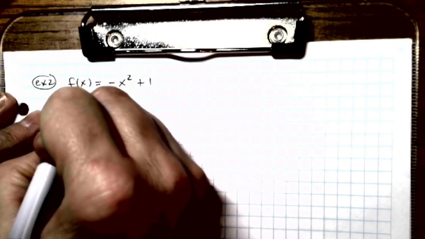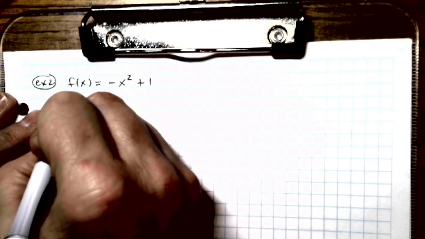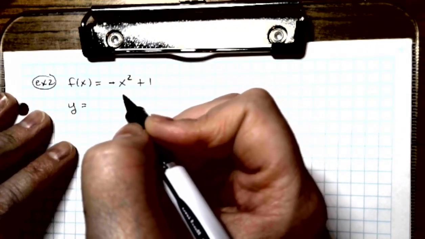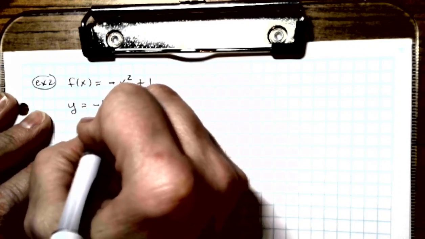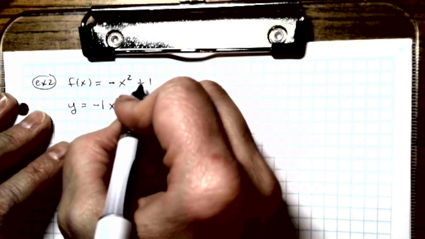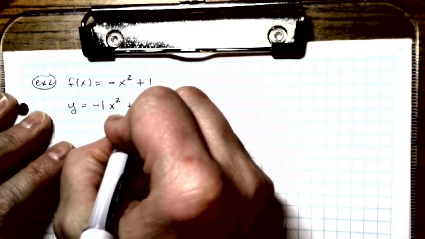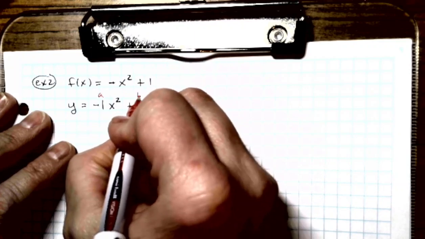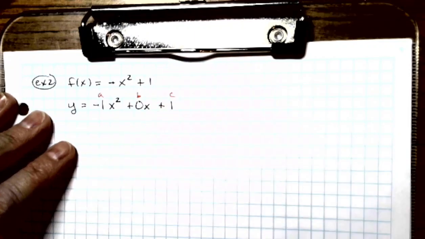So if you want to think of this a little differently, f of x is really y. This negative, remember there's no such thing as a negative without a 1, so that's negative 1x squared. I don't have an x, so I'm going to fill with a 0x. Plus a 1. So your A is negative 1, your B is 0, your C is 1.